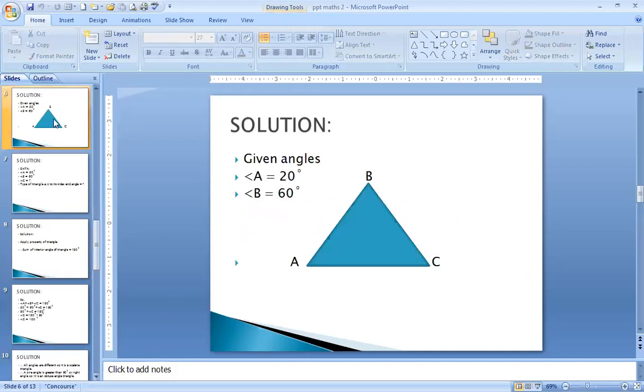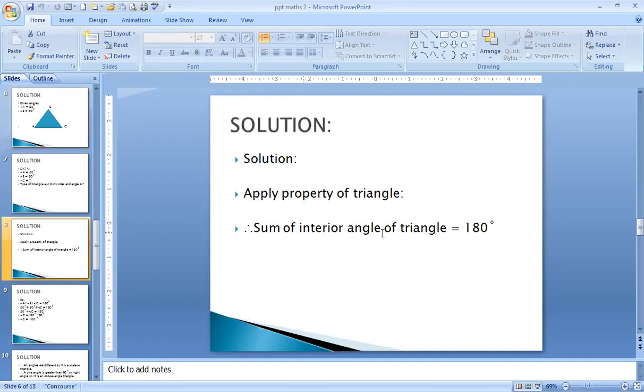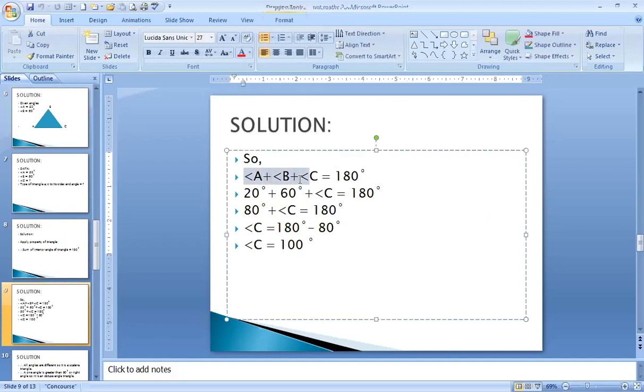And we have three interior angles of this triangle, that is angle A, angle B, and angle C. So we have to sum them up according to the property of triangles: angle A plus angle B plus angle C equals 180 degrees. It is the property of a triangle.